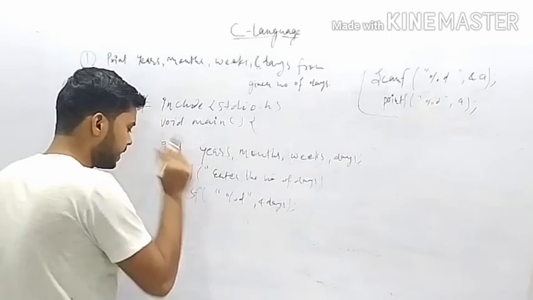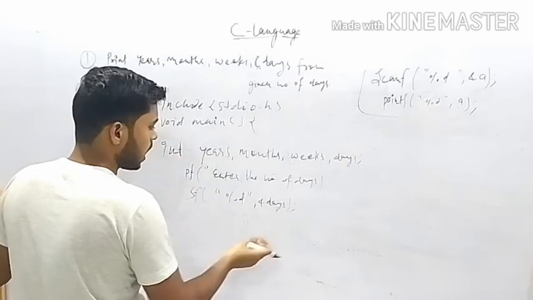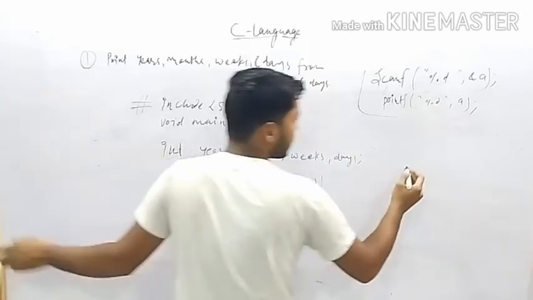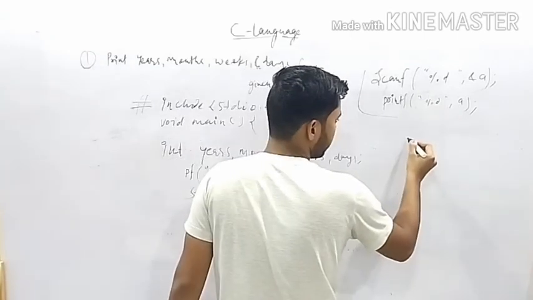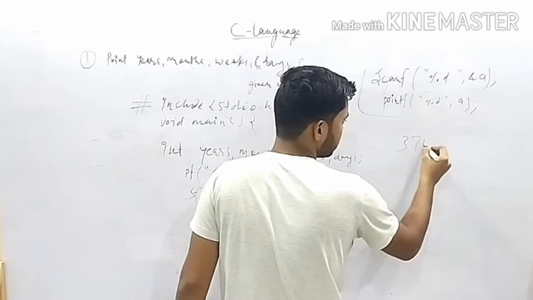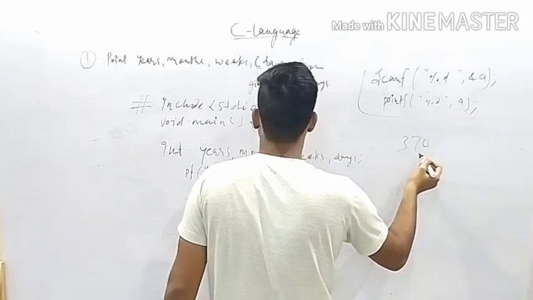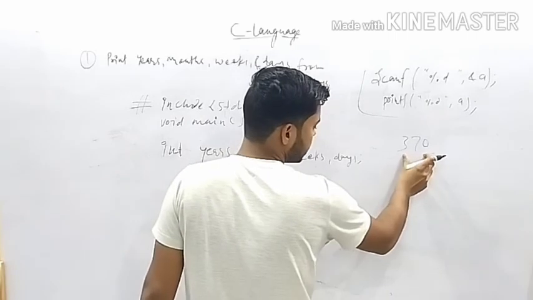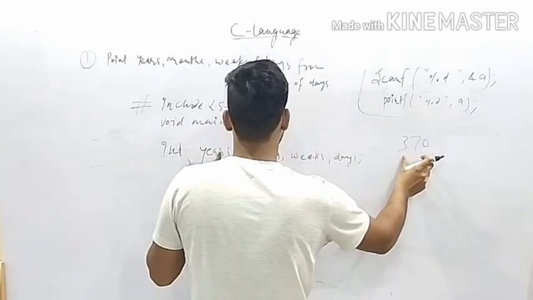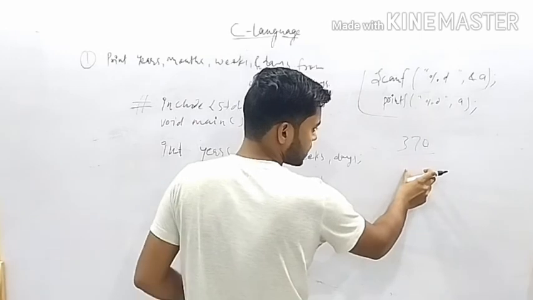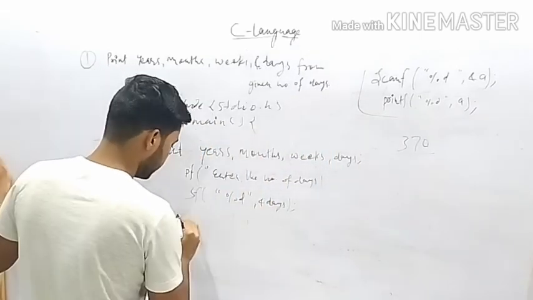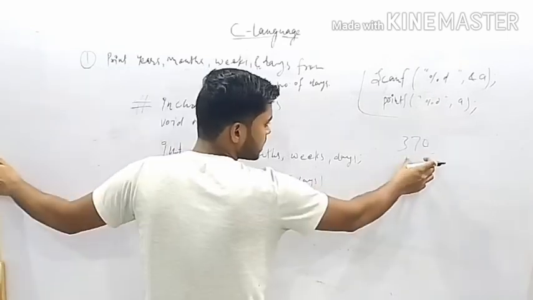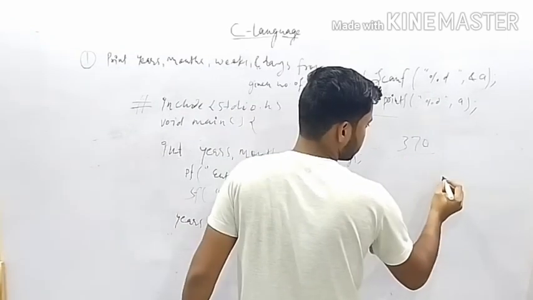Now you have to find the number of years, that is, how many years can be built from the given days. For example, the user gives you a number of days as 370. Now you have to print how many years can be built from these days, and how many months, and then how many weeks, and then how many days.